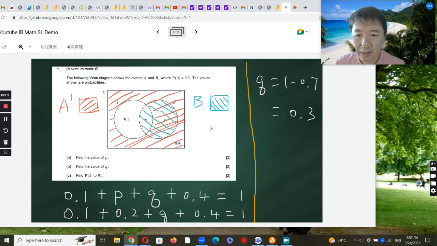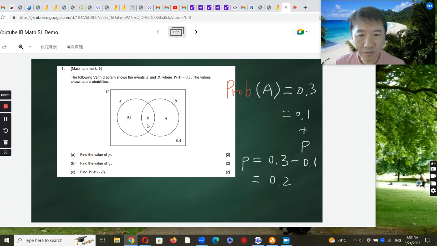All right, now this is part B. Part B: find the value of q. All right, so we're going to do it here. Find the value of q. Now, what we know is that the probabilities of all the events have to sum up to 1, right?